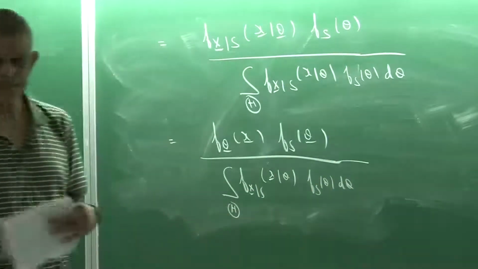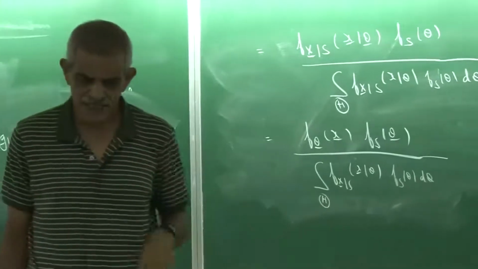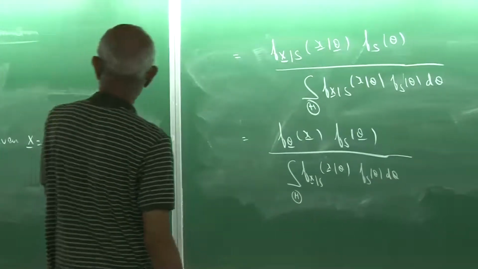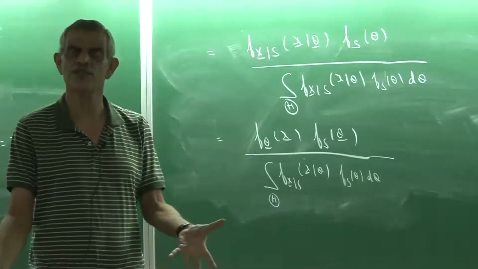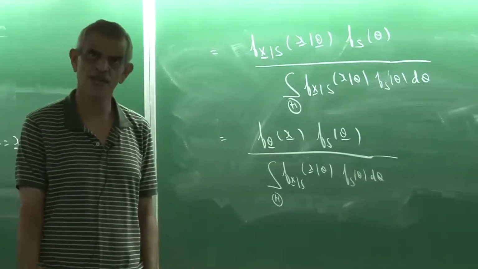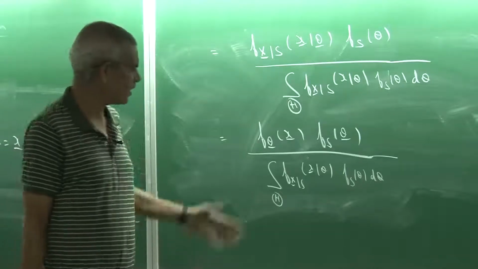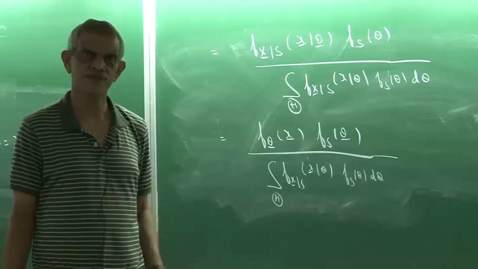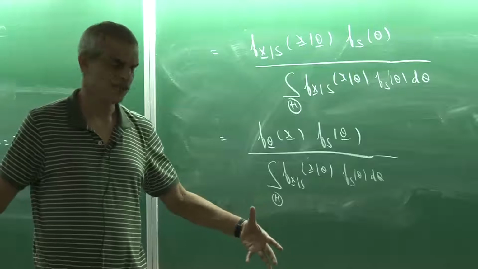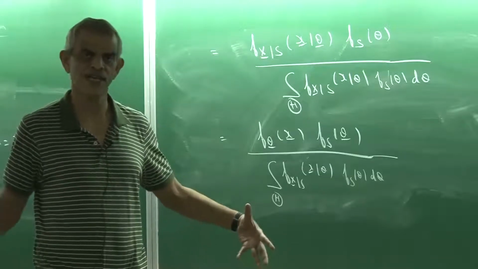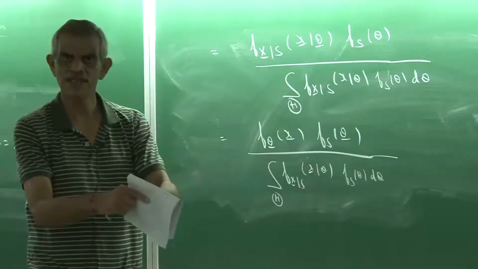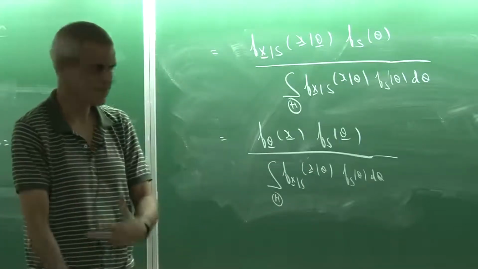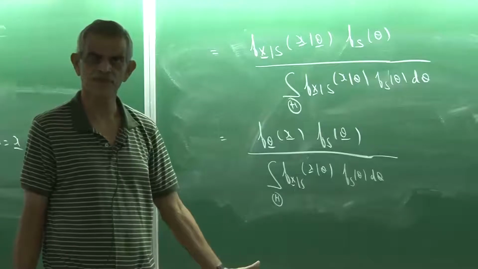So in this case, it makes sense to concentrate only on the posterior distribution or the posterior PDF, because whatever information about theta you have is contained in the posterior distribution. Information about the unknown state of nature from the prior distribution and from the data have been combined, or the prior distribution has been updated to get the posterior distribution.